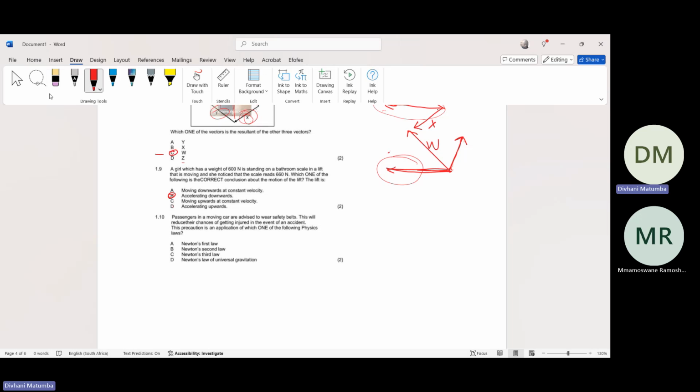The question is, what does the weight read on the scale? Which force does the scale read? The weight is 600. Do you understand that the scale reads the normal force?